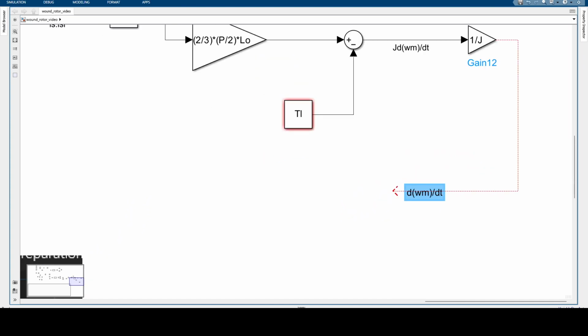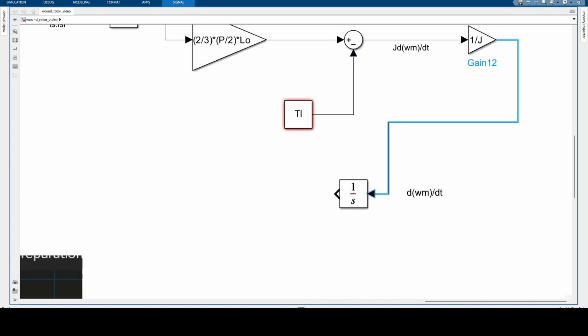And now we integrate, and when we integrate we are going to get our omega m.